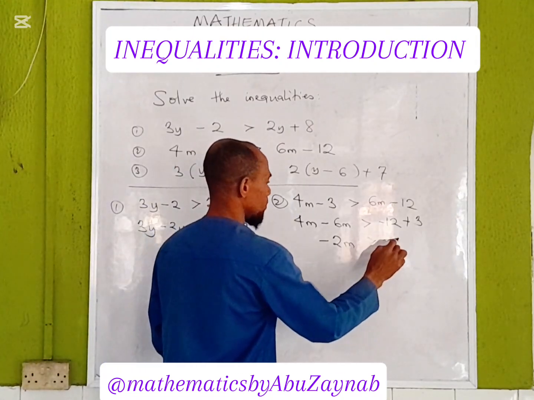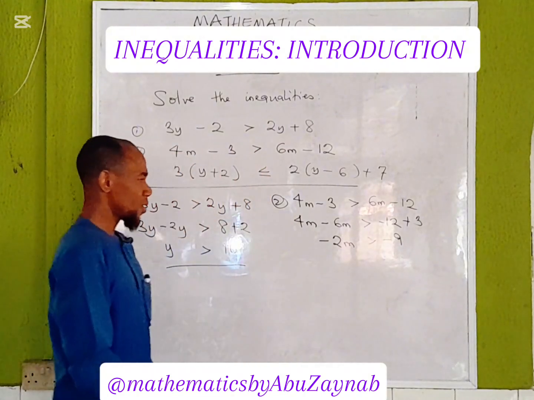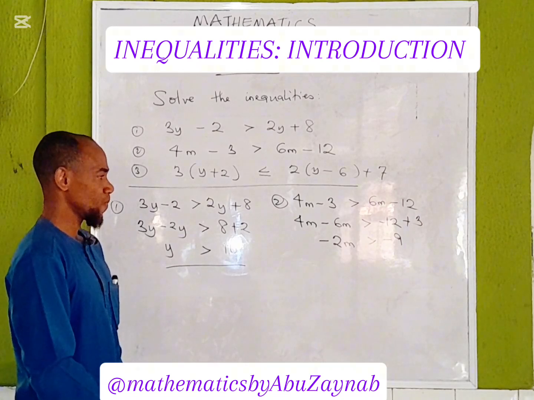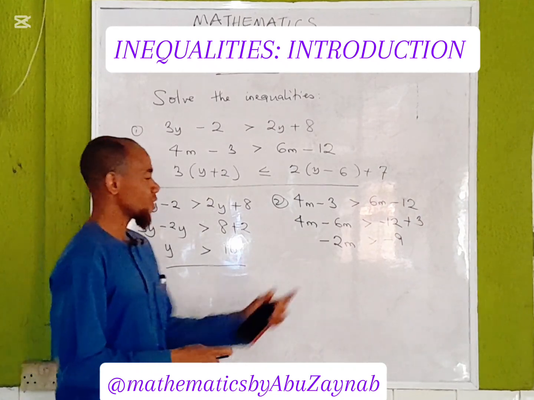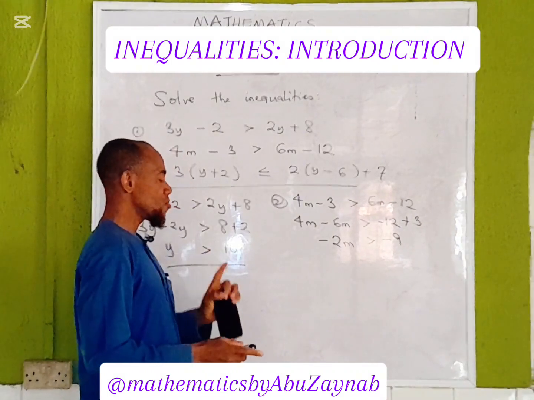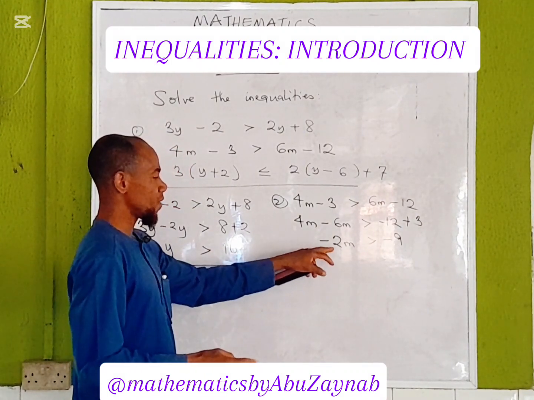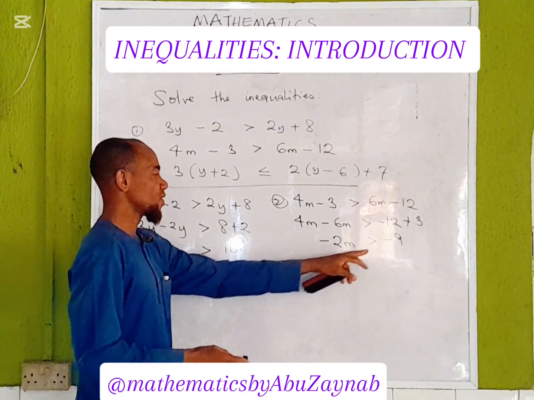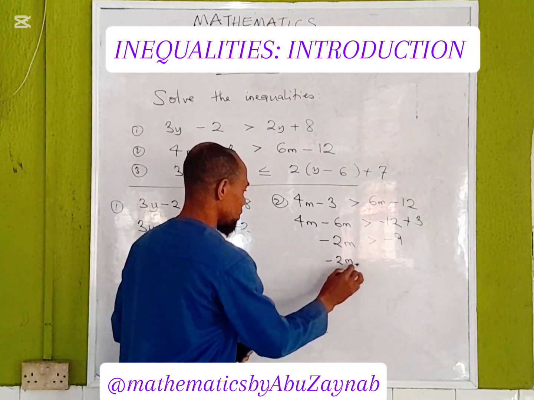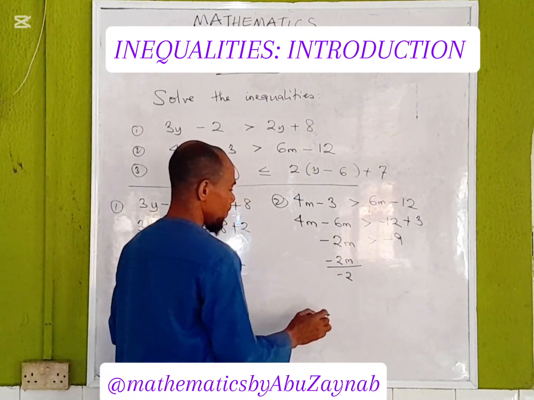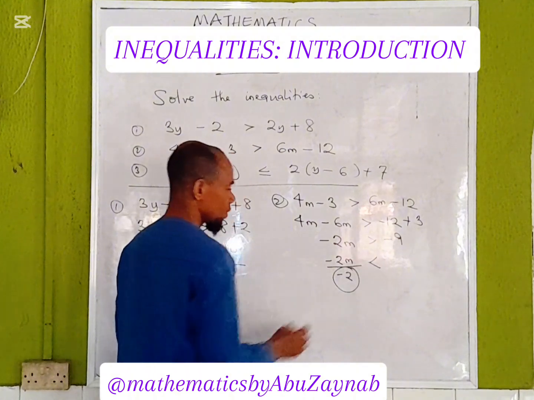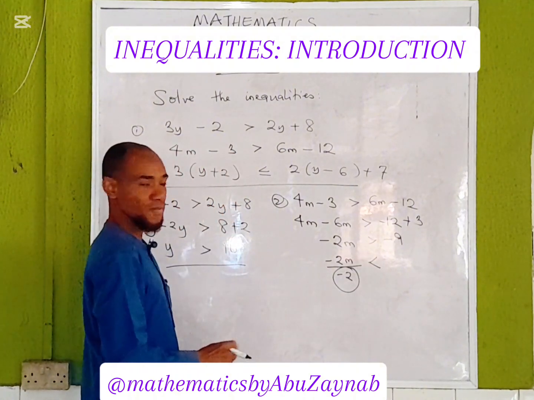Now, here lies the difference between inequality and equation. Ordinarily in an equation, we divide both sides by minus 2 and nothing happens. However, in inequality, the moment we divide by a negative value, which is the coefficient of the letter, the symbol changes. So if I have minus 2m divided by minus 2, the moment I divide by a negative number, automatically this inequality symbol reverses.